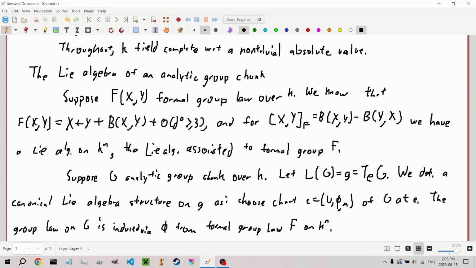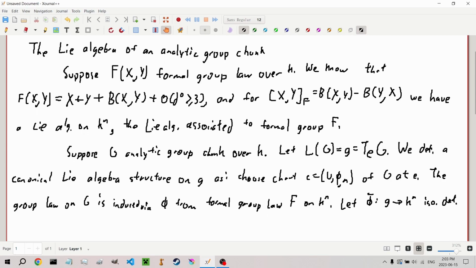So then we're going to let phi bar be the isomorphism from G to K to the n determined by phi.